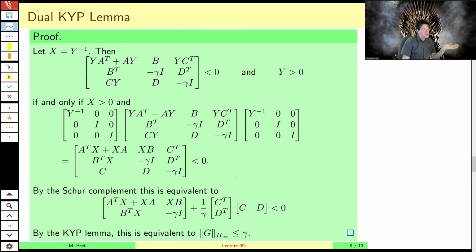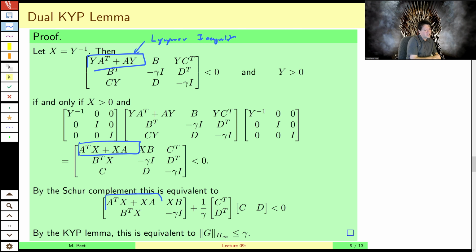So the verification of the dual KYP lemma, again, follows in a straightforward manner from the dual Lyapunov equation. And that's relatively straightforward because the 1-1 block of both of these cases is the Lyapunov inequality.